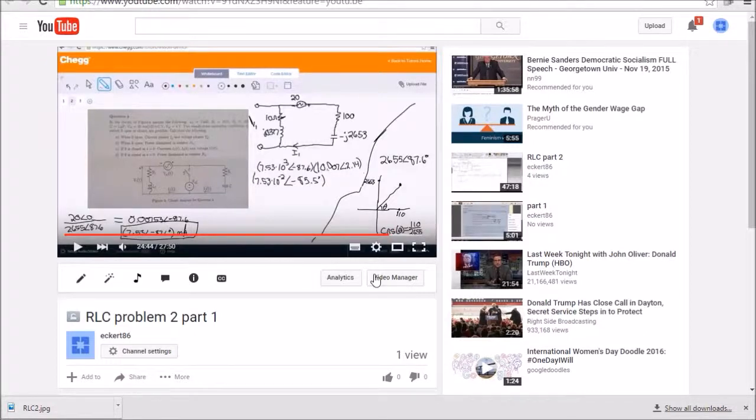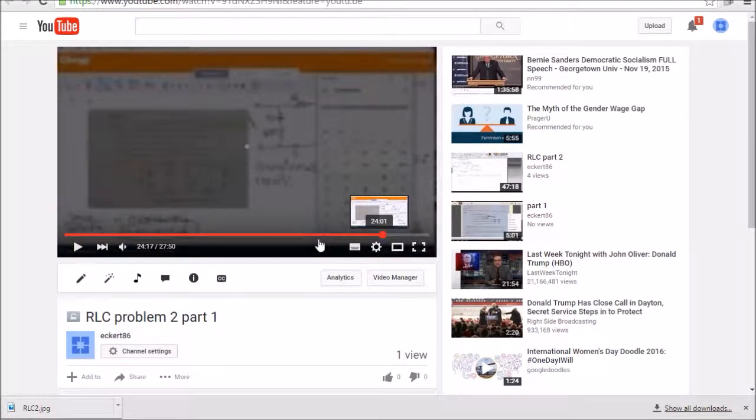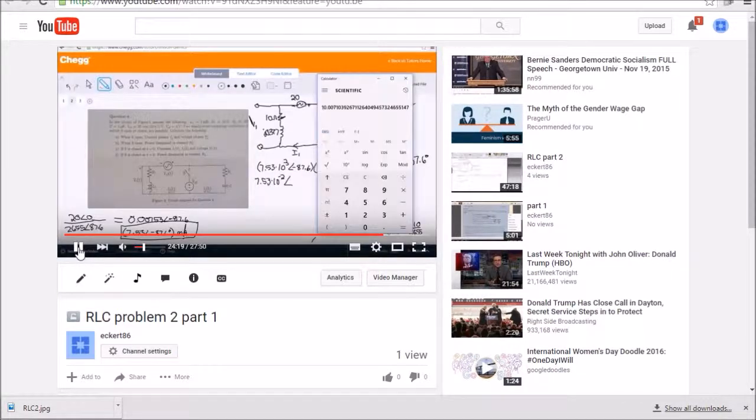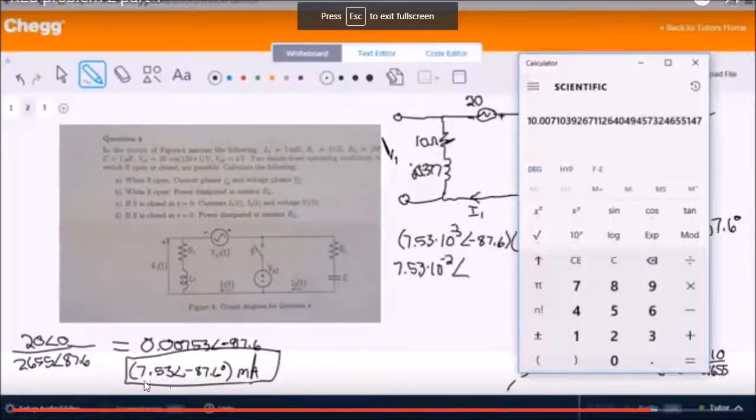Okay, I'm going to find our current here. There it is right there. 7.53 angle negative 87.6 milliamps.